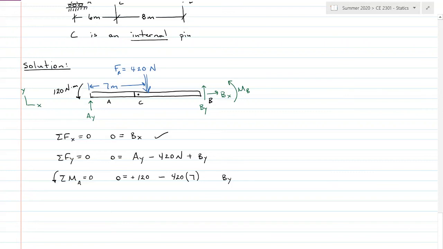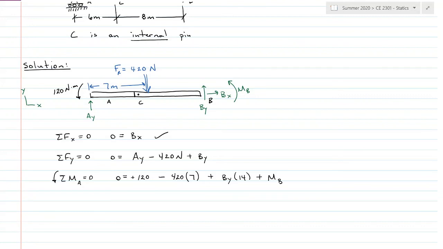And then I have BY that acts 14 meters from A, and it has a counterclockwise rotation. And then I have the moment at B that is also counterclockwise. So I have two forces and distances that are causing moments, and then two moment couples that are applied to the system. BX has no vertical distance from A, so it does not create a moment. All right, 3 unknowns, 2 equations.